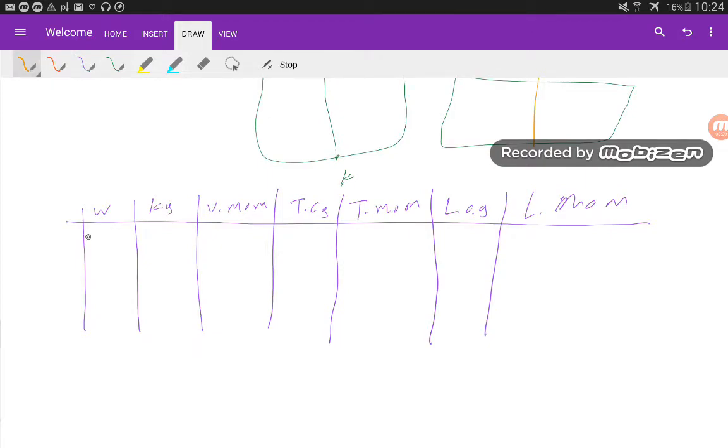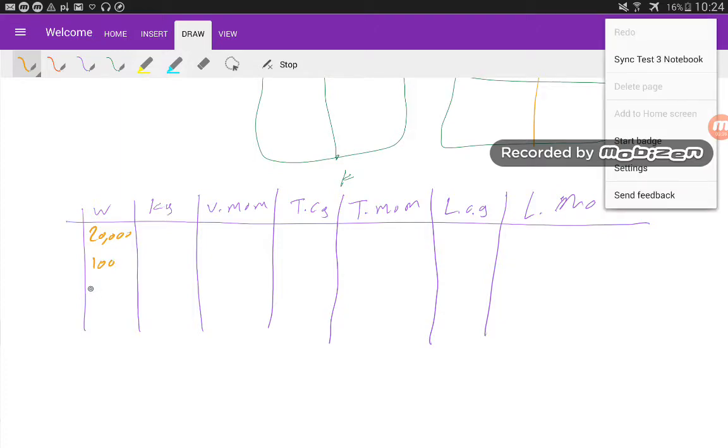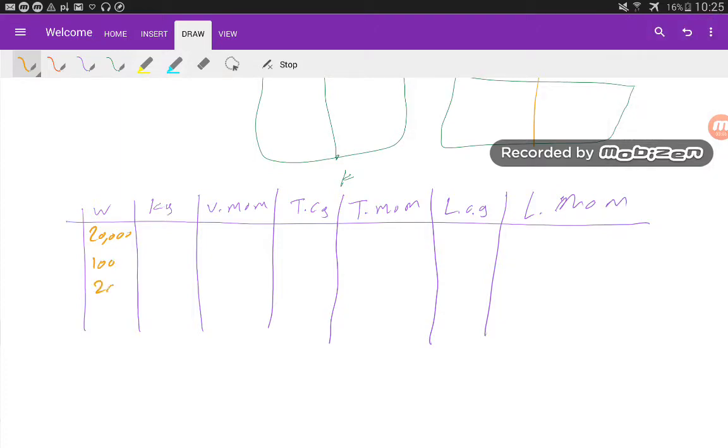The weight of the vessel was 20,000. We are going to add 100 tons and add another cargo of 200 tons, and we are discharging a cargo of 100. Anytime you are going to remove a cargo, you are going to mention it as a minus.